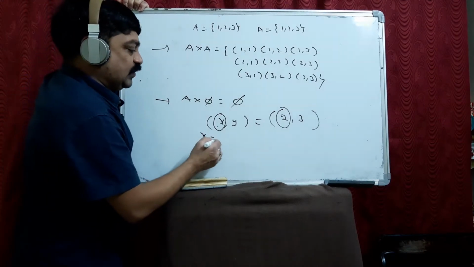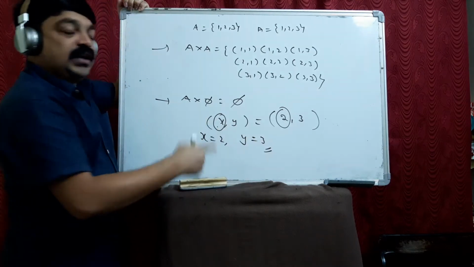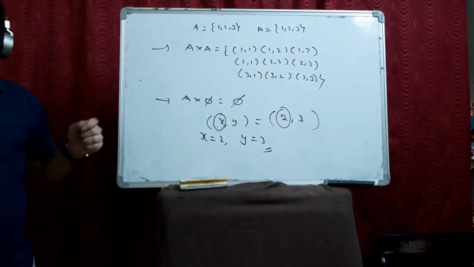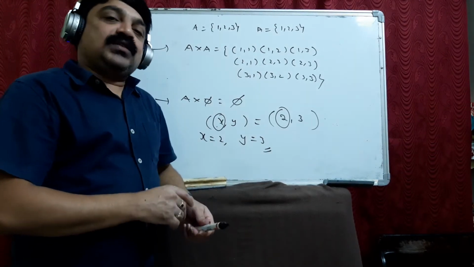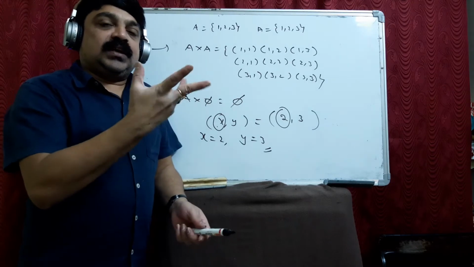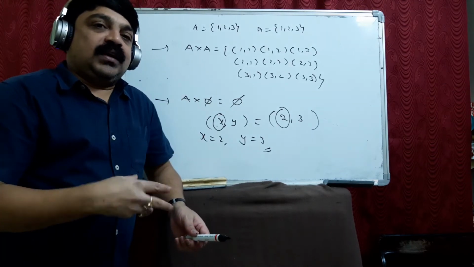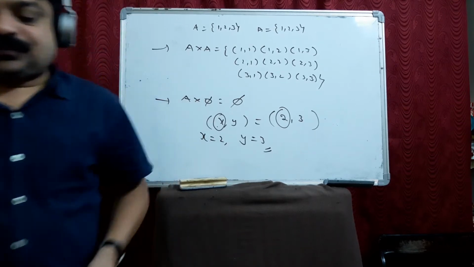That means the x value is 2 and the y value is 3. This is an important note in relations. The actual definition of relation we get in the second exercise. So let us start exercise 2.1 with the basics. If anything is required, I'll tell at that moment when we start that problem. Okay.